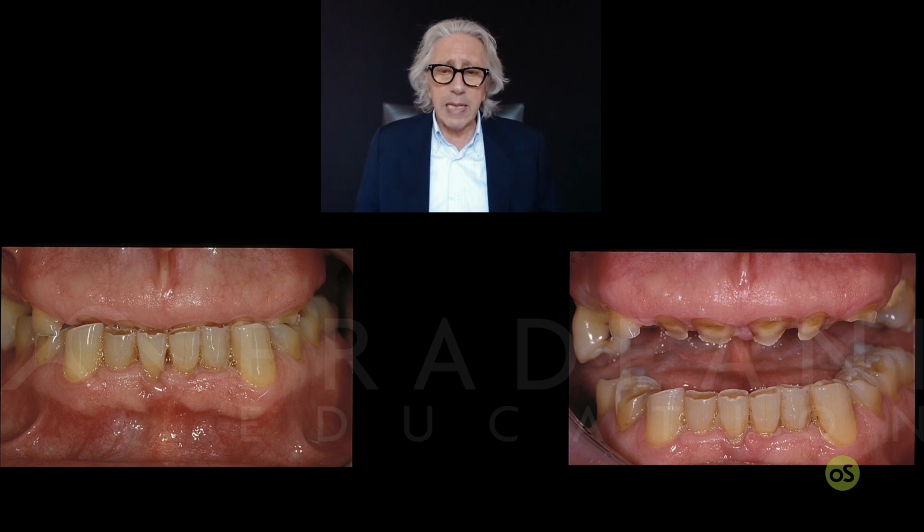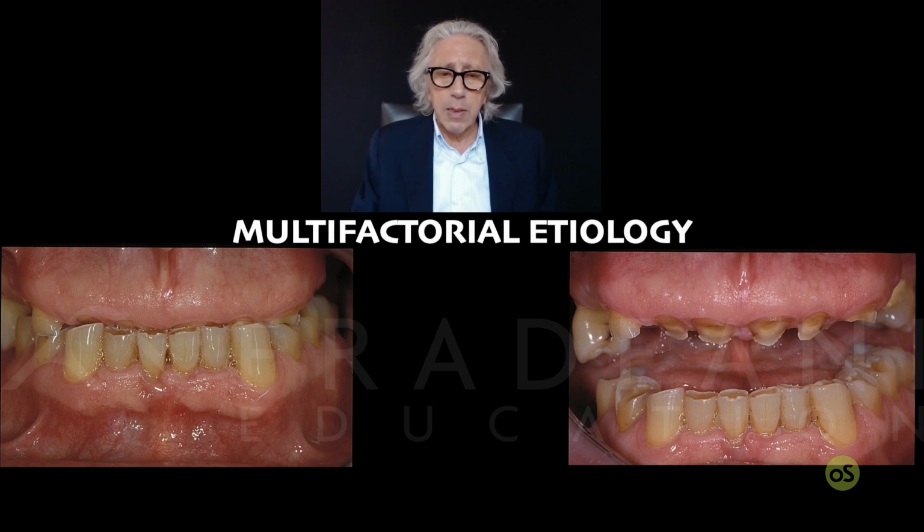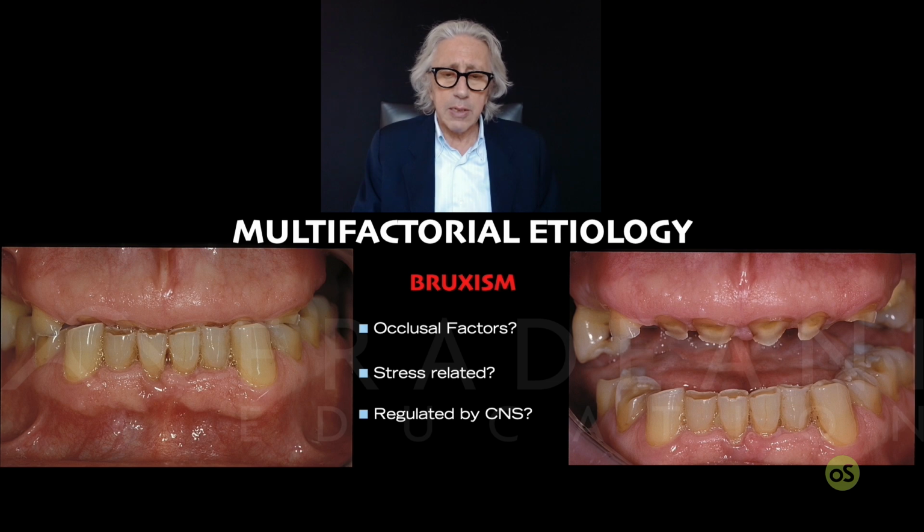And what to do in a case like this, that is an incredible, extreme wear case? What to do? So what is the etiology? Maybe it is multifactorial etiology. Can be related to the occlusion? Maybe. Can be related to the stress? Or can be related to the central nervous system, that is regulated by the central nervous system.